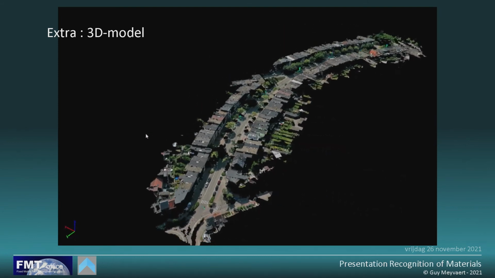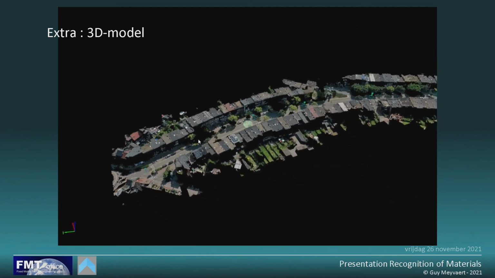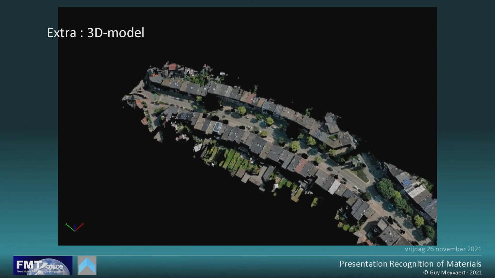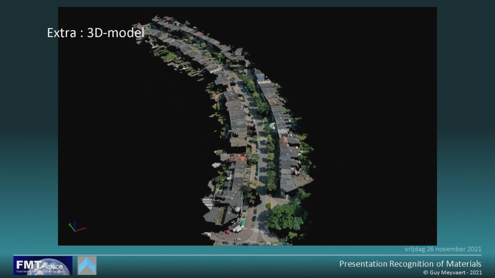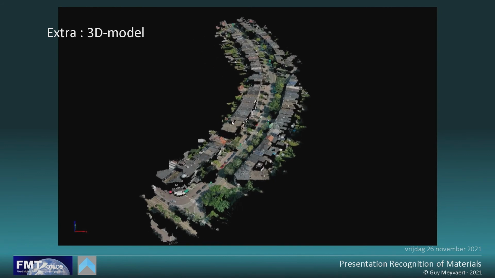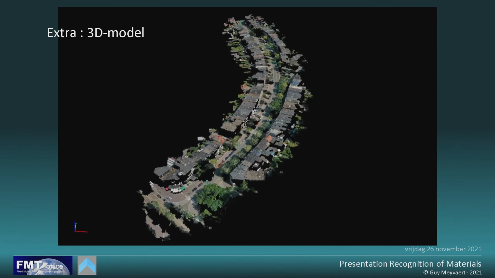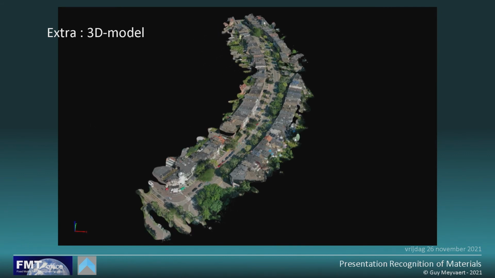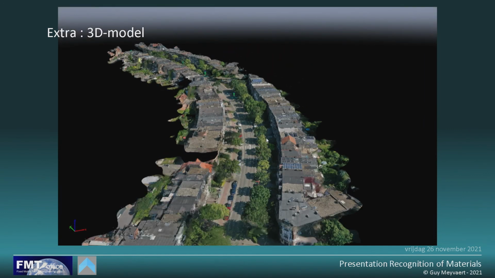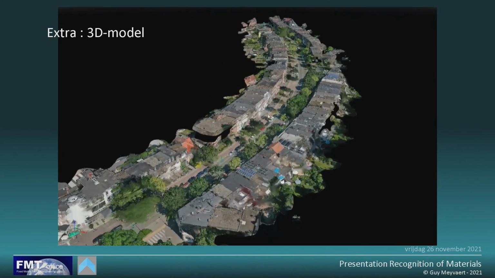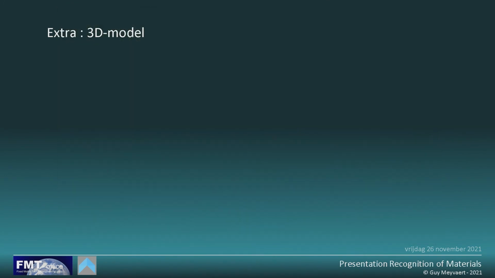We can also import it in the CAD software, and we can measure the height of every building in the street, in the city, and make a whole 3D model of the city. We have seen more obvious models.